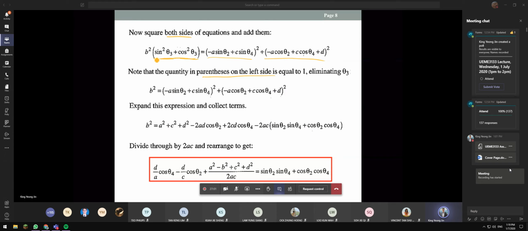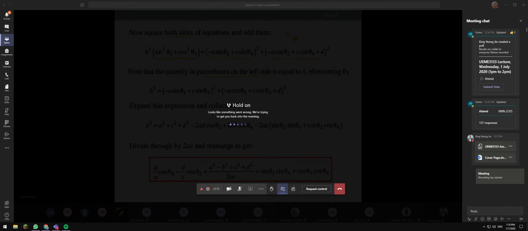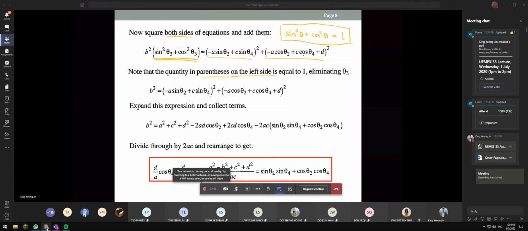Because we have this relation, this part here will be equal to 1, so it will disappear from our equation. We are left with the information here.